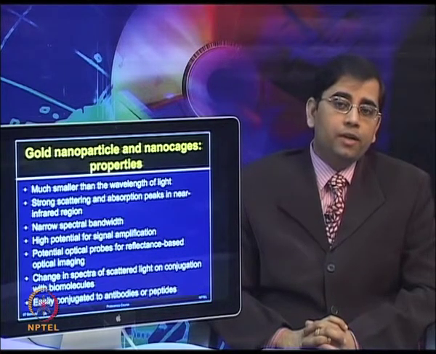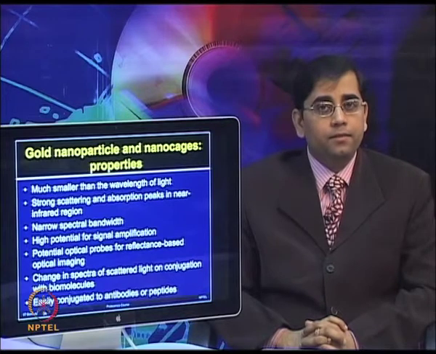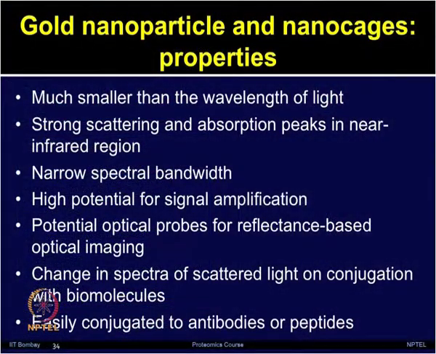Let us look at different properties of gold nanoparticles and nano cages. These are much smaller than the wavelength of light. They offer strong scattering and absorption peaks in the near infrared region. They have very narrow spectral bandwidth. They have high potential for signal amplification.